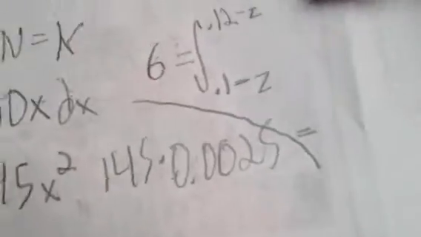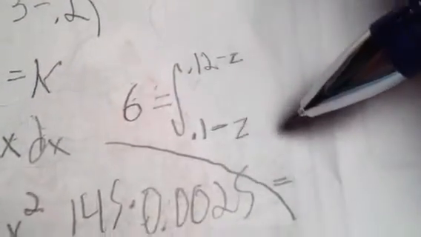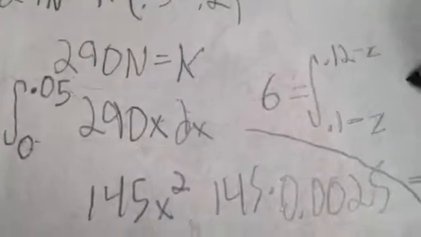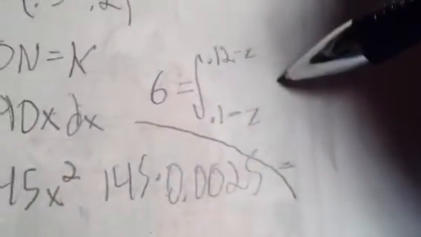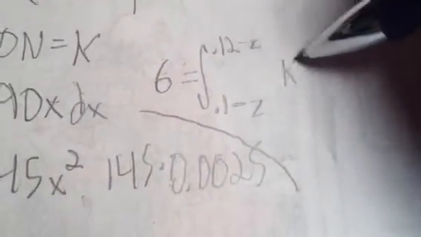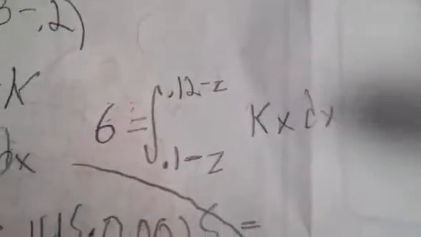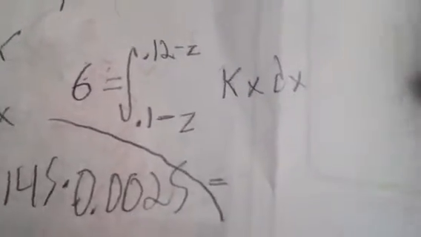This factors in the natural spring length, so we can solve for it in a second. And then we're going to use the standard setup. We're going to use kx dx.